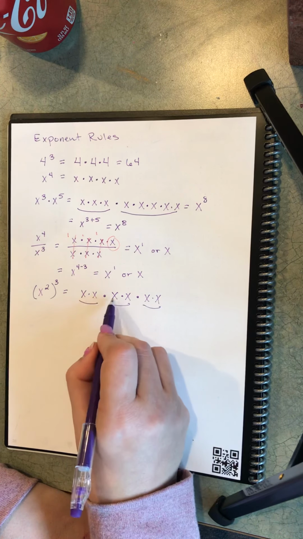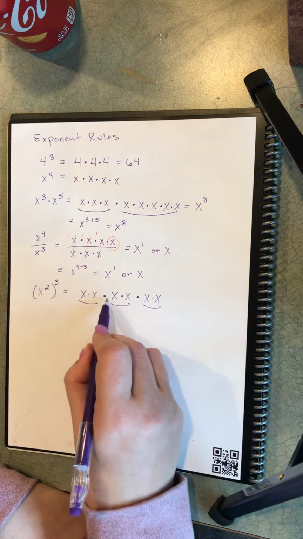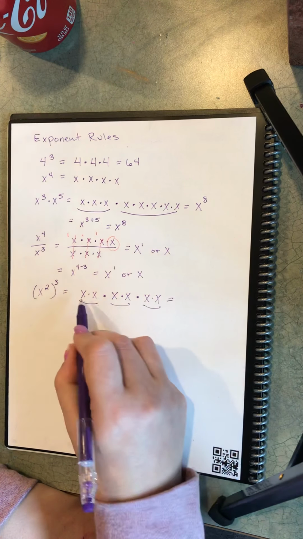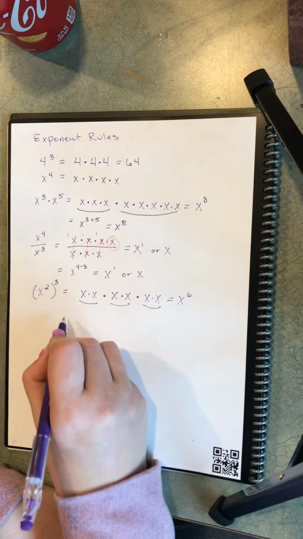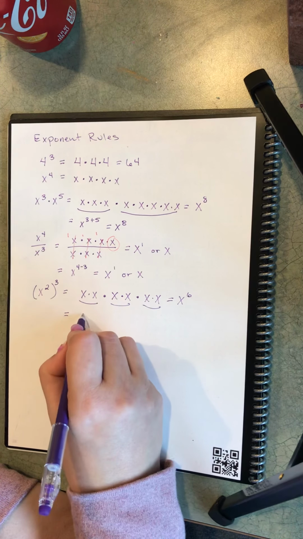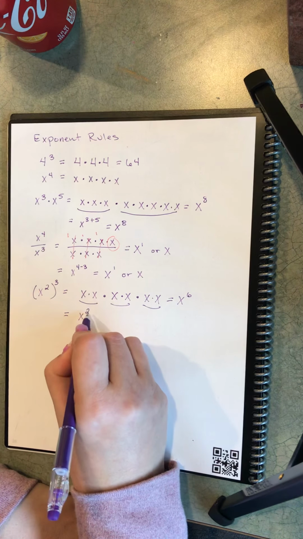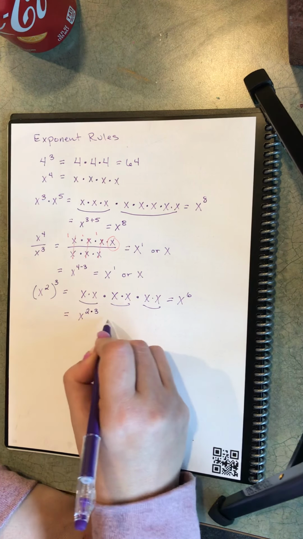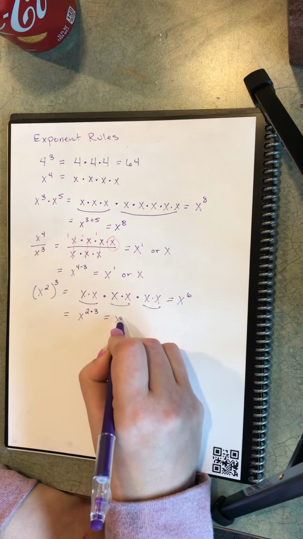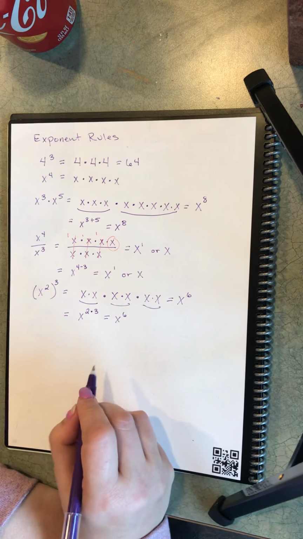So I have 3 sets of 2 x's, which gets me 1, 2, 3, 4, 5, 6 x's. All right? Or the shortcut for this is x to the 2 times 3. 3 sets of 2 is 2 times 3. So again, it's x to the 6th. So there's my shortcut.